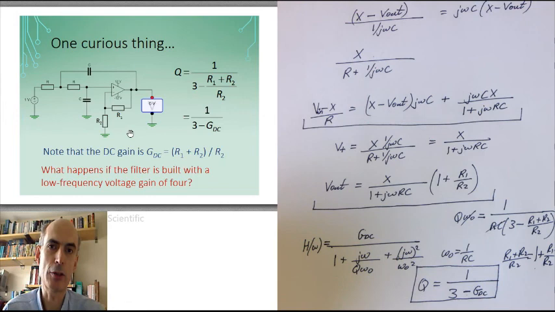Deciding what Q factor you want forces you to have a particular gain at DC. And often you don't want to do that. It would be nicer to have a circuit in which you could set the gain at low frequencies and the Q factor and the resonant frequency all independently of each other. With this circuit, you can't do that.